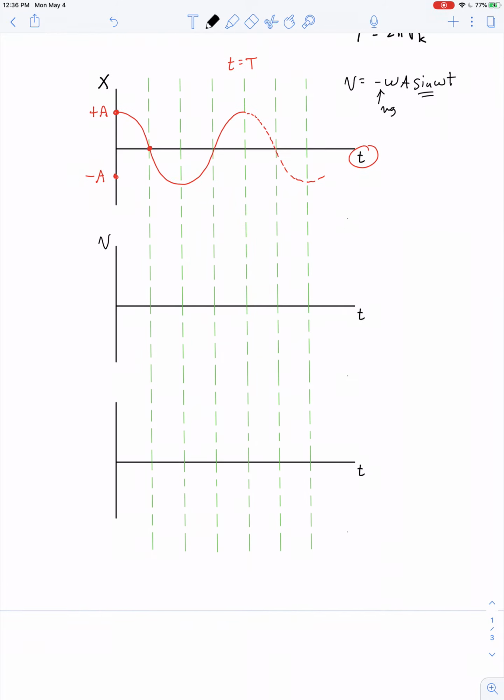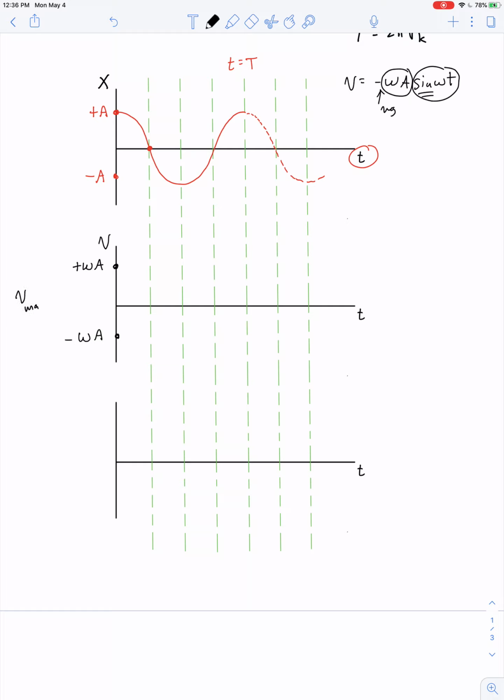So now the maximum value, the greatest you're ever going to get from the sine of anything is 1. So the maximum value of the speed has a magnitude of omega times A. So we have positive omega A as the max speed and negative omega A as the minimum speed.